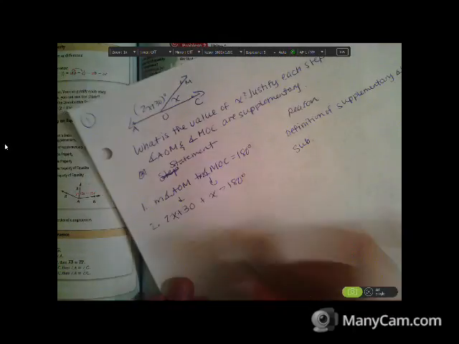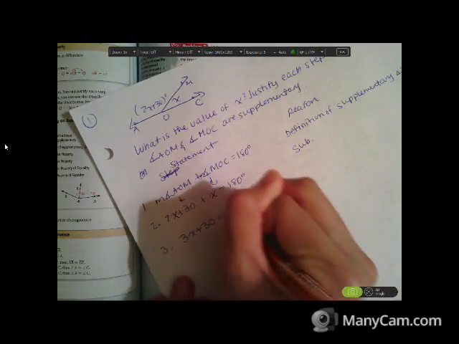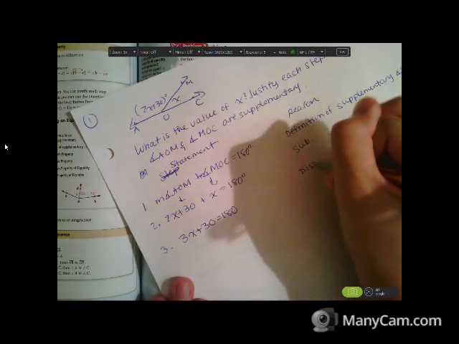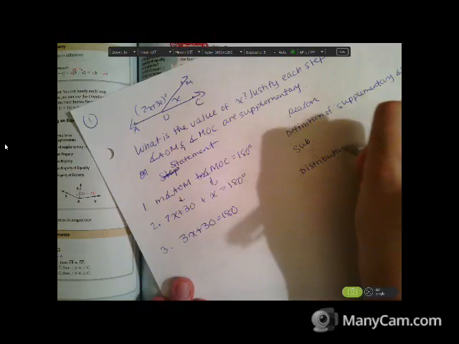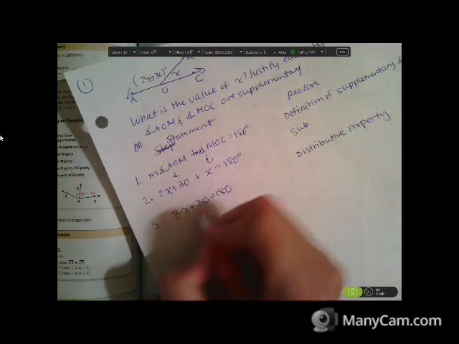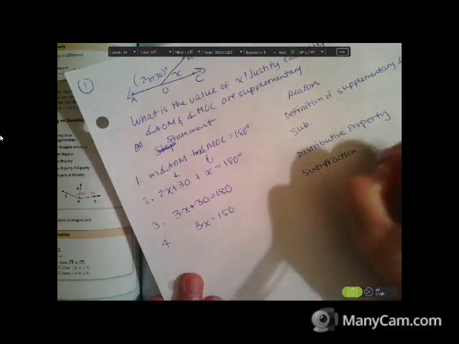Alright. Third step. We can combine our like terms. So they use the distributive property here. Right? And then the second to last step, subtract 30 on both sides, and so this is by the subtraction property of equality.